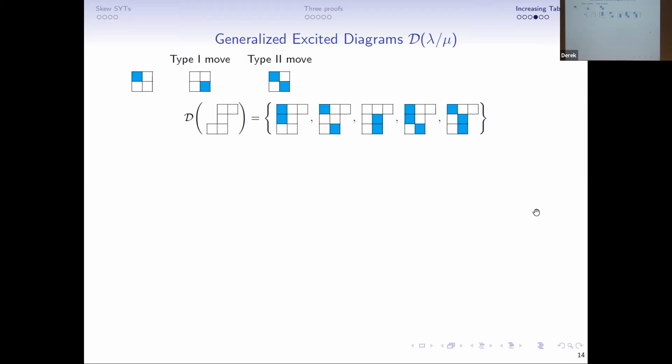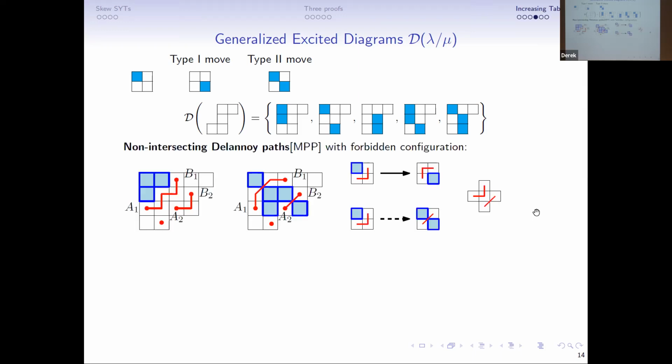They also correspond to non-intersecting lattice paths in some sense. This case is going to be the Delannoy paths, where we allow some diagonal steps. But it's not exactly non-intersecting because this thing here is forbidden. So these are still non-intersecting, but we are not allowing this to happen.